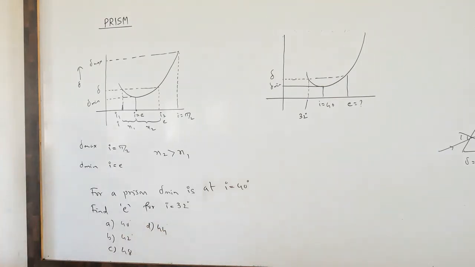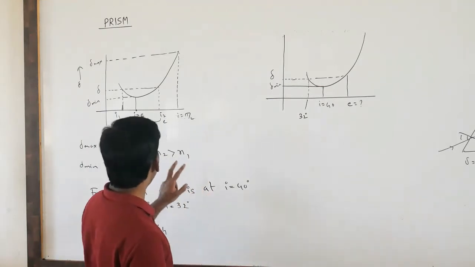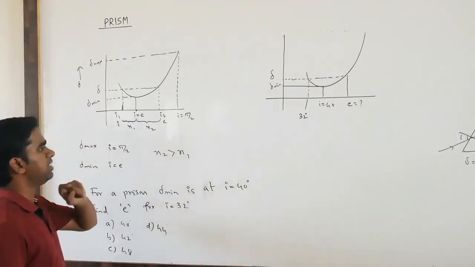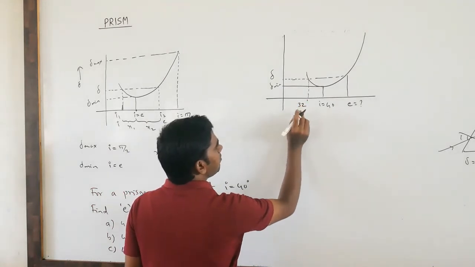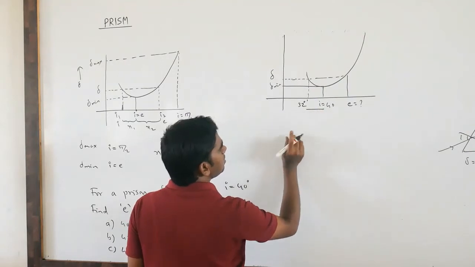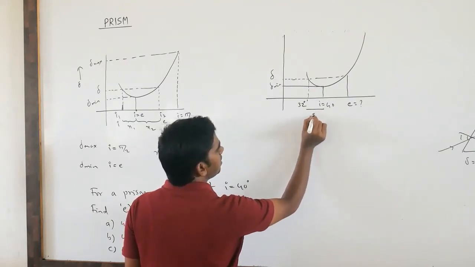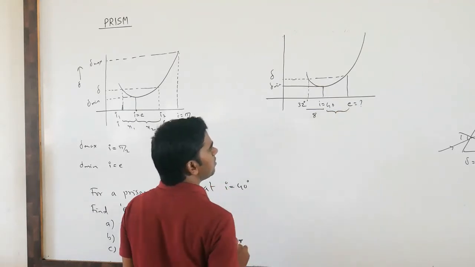So how can we calculate this one? Don't need to go with all the formula and everything. If you know this x2 greater than x1, you can easily calculate. So this is 32 degree. For 32 angle of incidence, they are asking the angle of emergence. If you see this difference, what is the difference? Difference is 8. So from here to here, the difference you have to calculate.